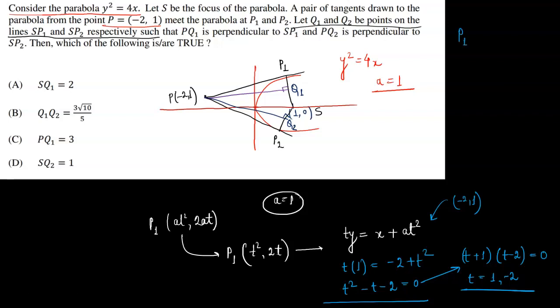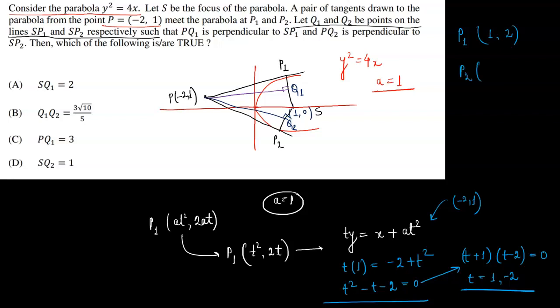So we can see that we have gotten our P1 and P2 coordinates. Since P1 is in the first quadrant, both coordinates will be positive. So we will be putting here t is equal to 2 and a is also 1, so this will be (4, 4).